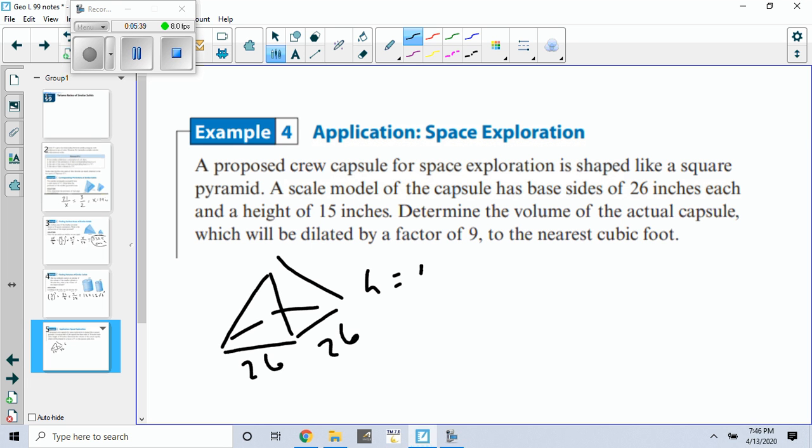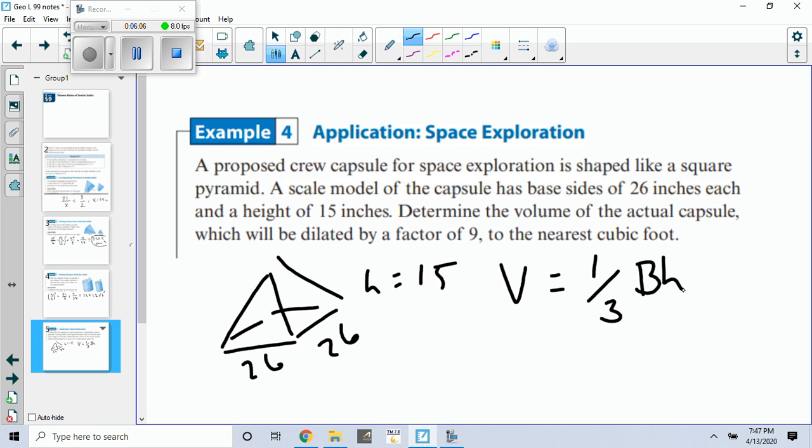Height equals 15. So if we were to determine the volume of the actual capsule, we first need to figure out the volume of the scale model. The formula for volume of a pyramid is 1/3 times the area of the base times the height.